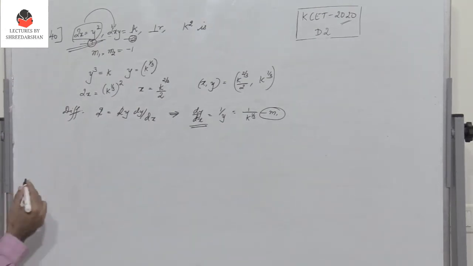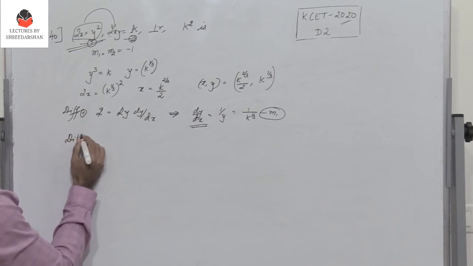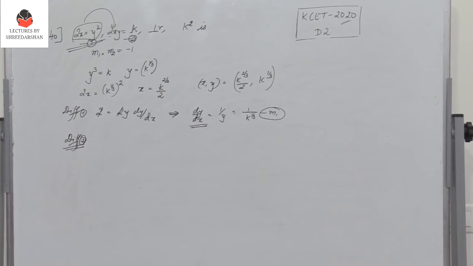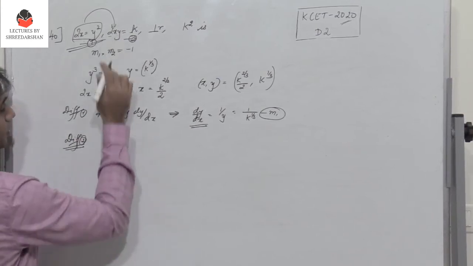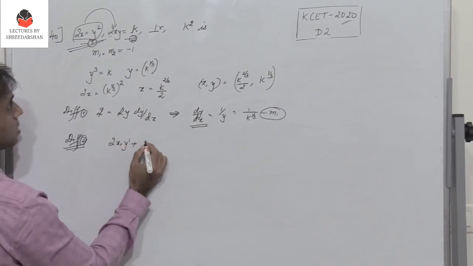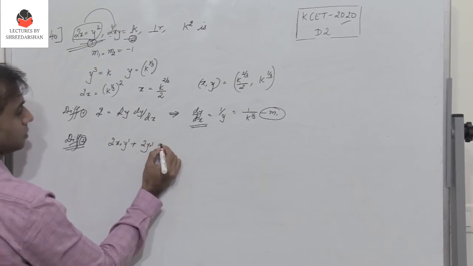Next I have the second one. So I differentiate expression 2. When I differentiate expression 2, I have 2x into differential of y, which is y dash, plus 2y into differential of x, which is 1, equals 0.